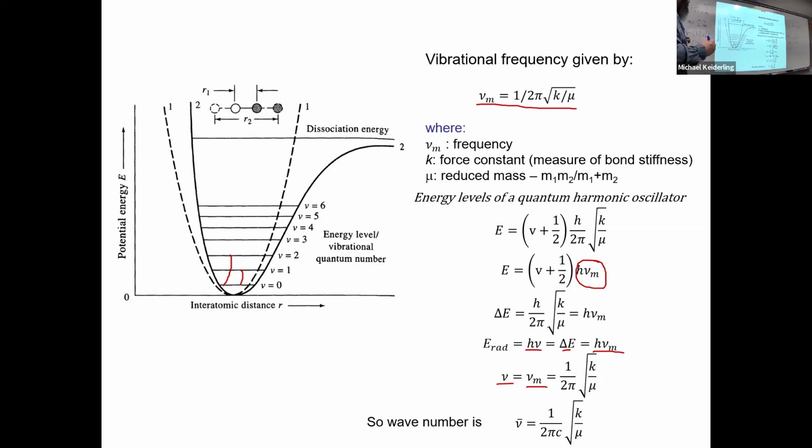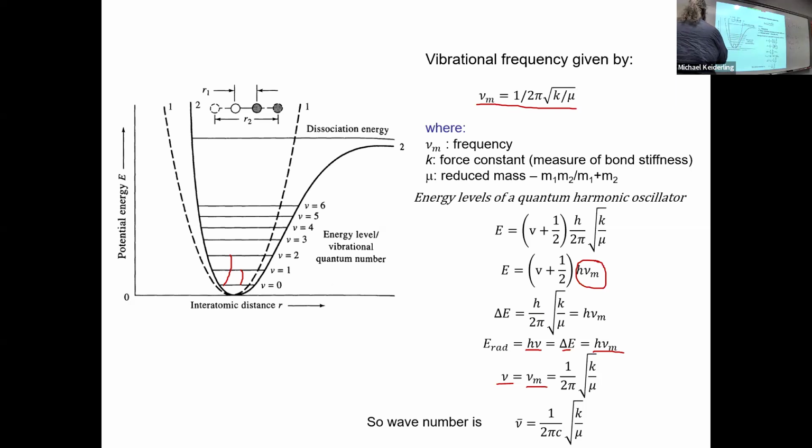And because of that, delta E, the change in energy, is going to be delta v, the difference in v, times h over 2 pi square root of k over mu.